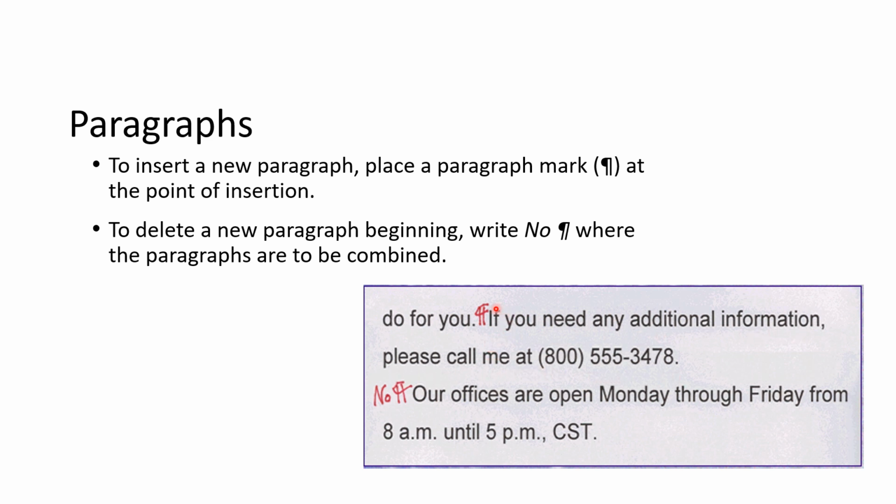Then right before the first word of that sentence, insert the paragraph mark. So it means to say, this sentence should be the beginning of the new paragraph. And since this should be combined with this, then right here, no paragraph. So it means to say this one and this one should be combined.